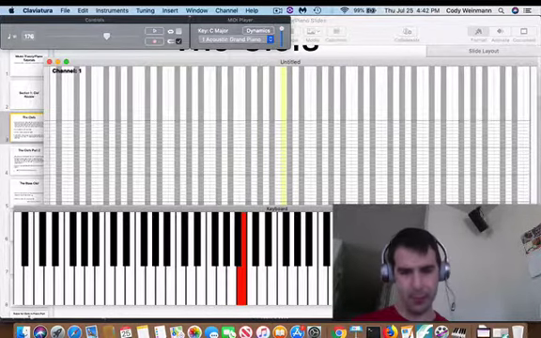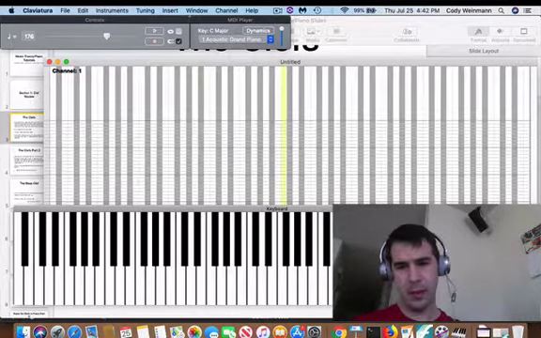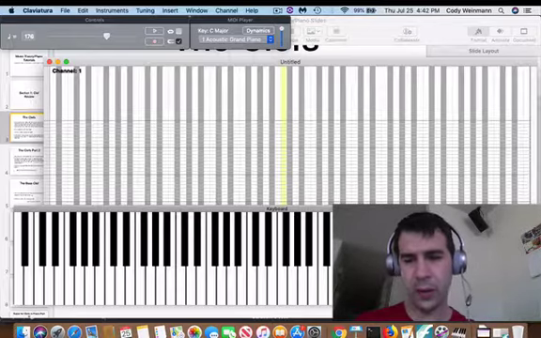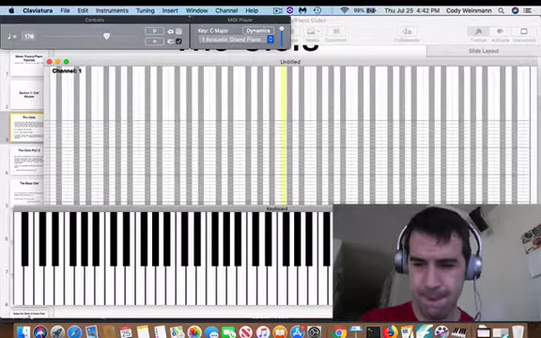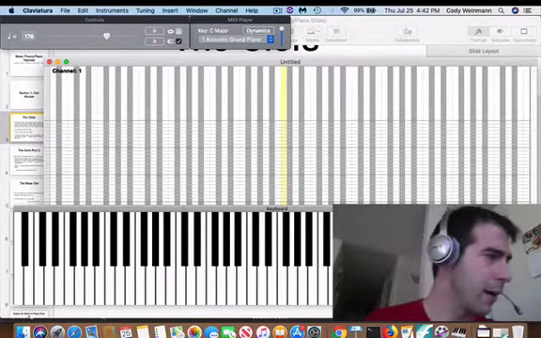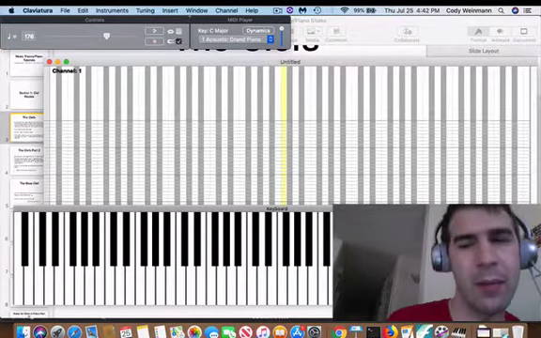Repeating again. Middle octave. Repeating again. Soprano octaves up here. And then all the way up to the top there.